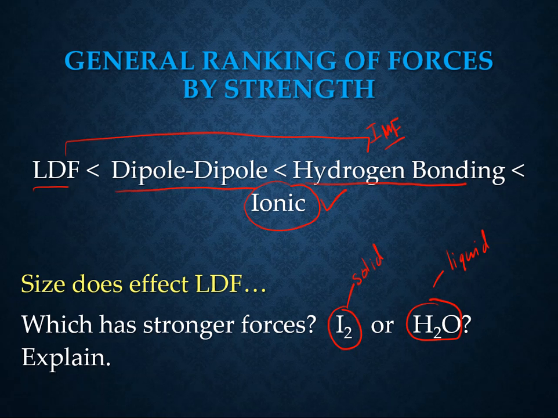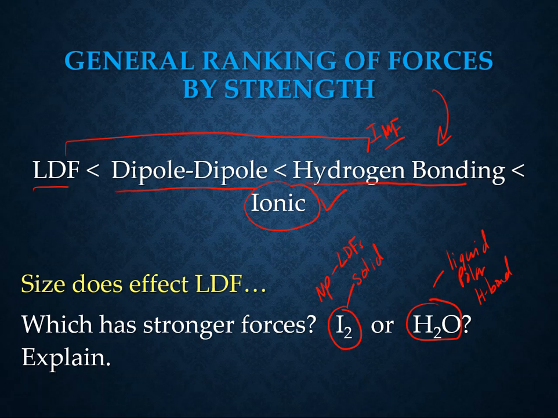But we know that iodine, you said, was nonpolar, and we know that's going to only have LDF forces. The water, of course, is polar, and it has the H bonding, right? So if we're trying to do it based off of this general ranking, well, that's not going to work.